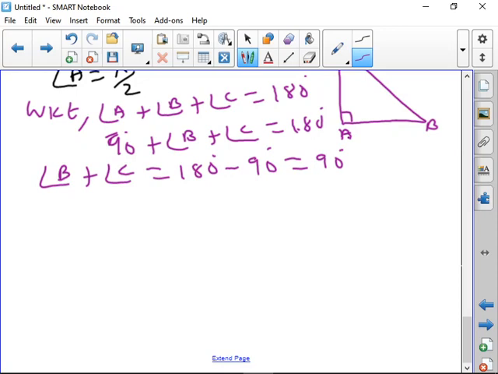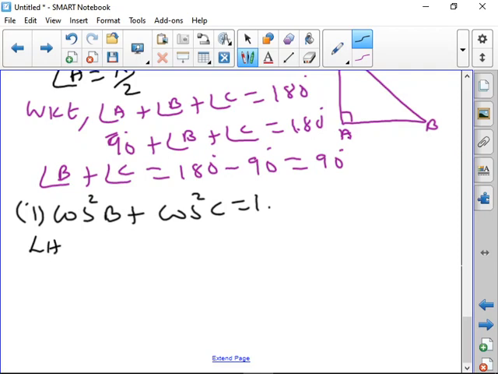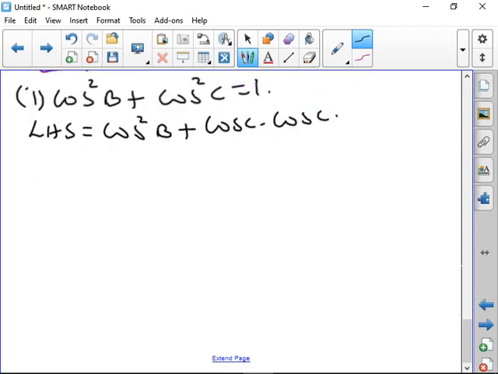Okay. So now we will prove the first subdivision. What is asked to prove? Cos square B plus cos square C is equal to 1. Now take the left hand side. Cos square B, let it stay as it is. Cos square C, we can write as cos C into cos C. Another method is also there, but I feel that this is a simple one.